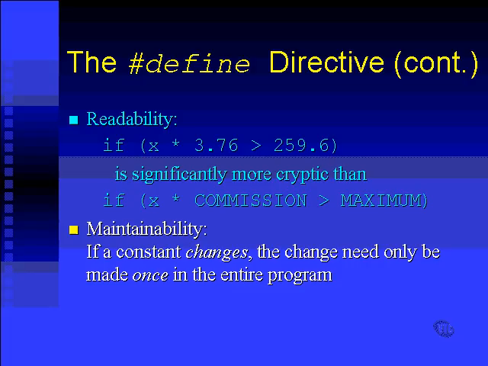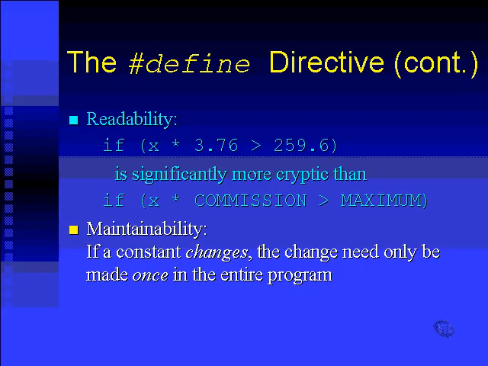You will know that there's just going to be one definition of 3.76 right up the top of the program where the hash defines are. You can just simply go up to the top of the program, change the 3.76 to 4.12, make one single change, recompile the whole program, and your program will now be working with the different value. So you only have to do it once. You don't have to do a search and replace.